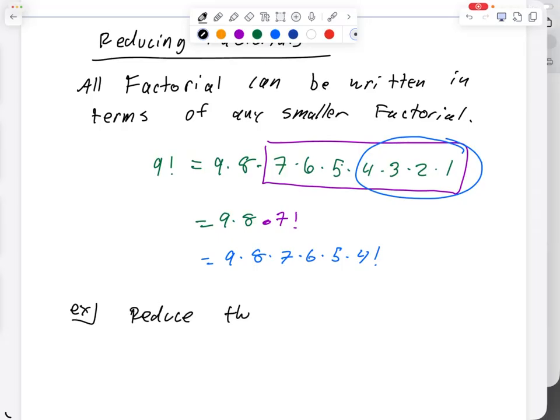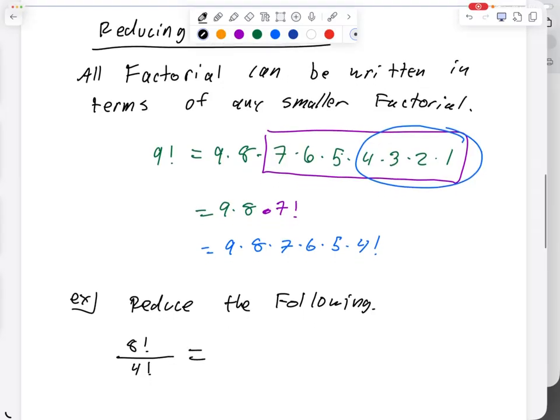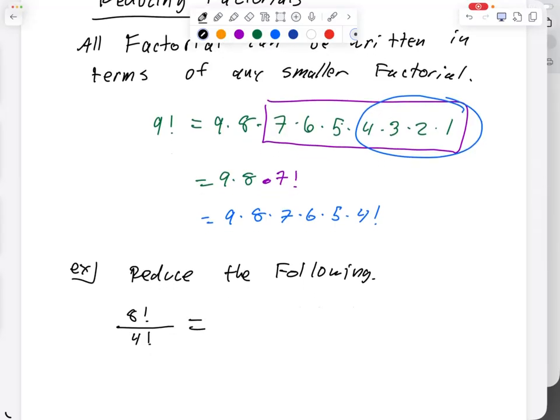Reduce the following. Now, I'm not telling you to evaluate it. 8 factorial over 4 factorial. Okay? So, what is 8 factorial?